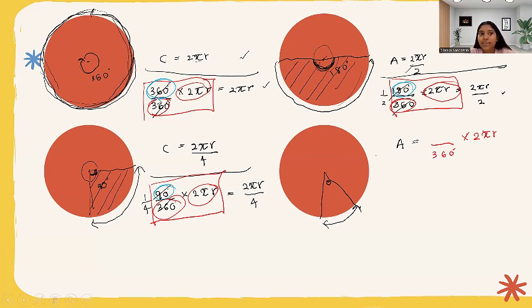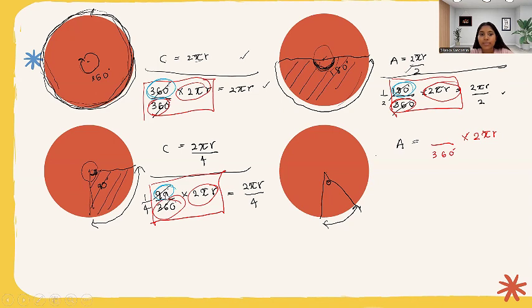This 360 is the angle at the center. This 180 is the angle at the center of this semicircle. And here 90 also means the angle at the center.